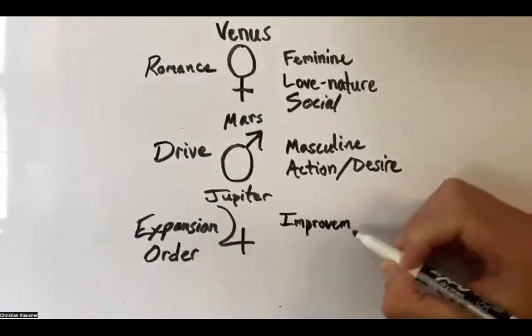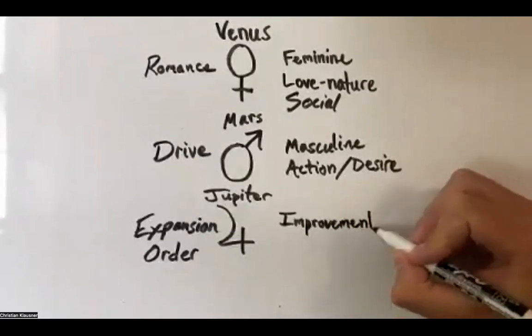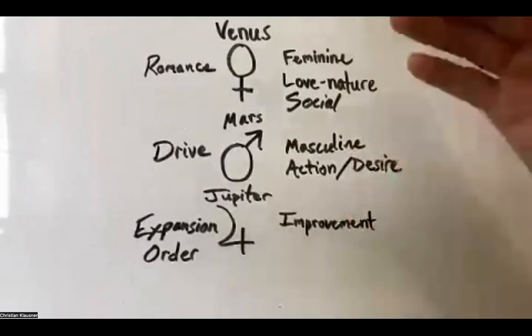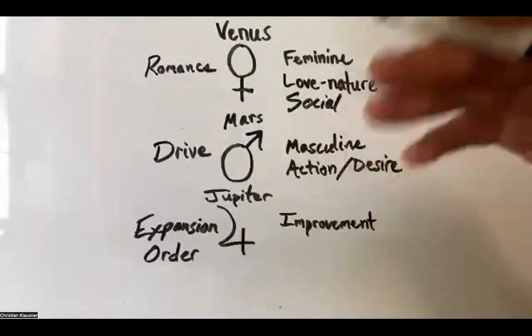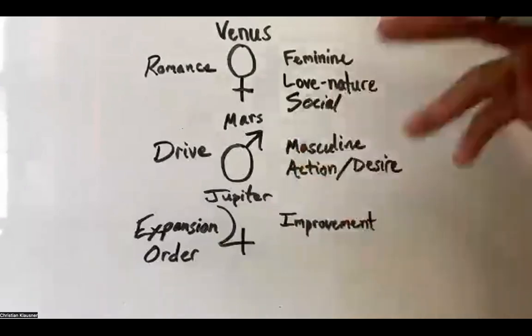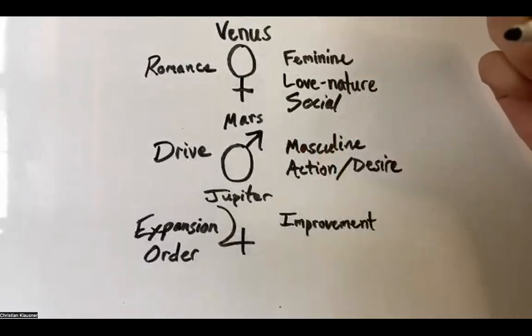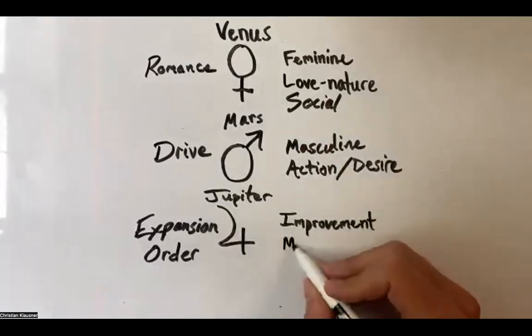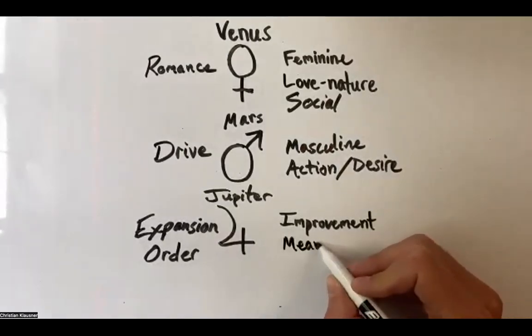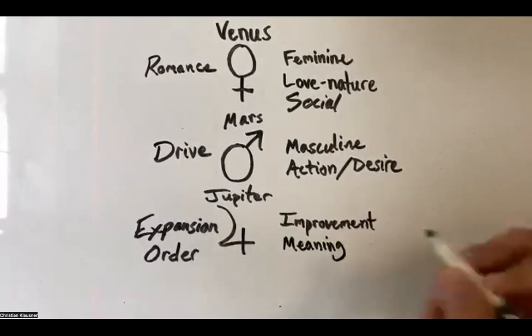It's all about expansion. So wherever in your life you feel generous, you feel big, you feel larger than life, you feel like you want to grow and share, that's your Jupiter. All right. And Jupiter is about meaning. Let me tell you something interesting here.